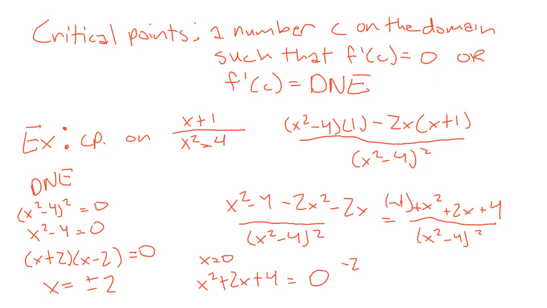So negative 2 plus or minus the square root of 4 minus 4ac, all over 2a. We can see right here in our quadratic formula we're left with having to find the square root of negative 12, so therefore there are no critical points from the numerator. So our critical points are just going to be at x equals plus or minus 2.